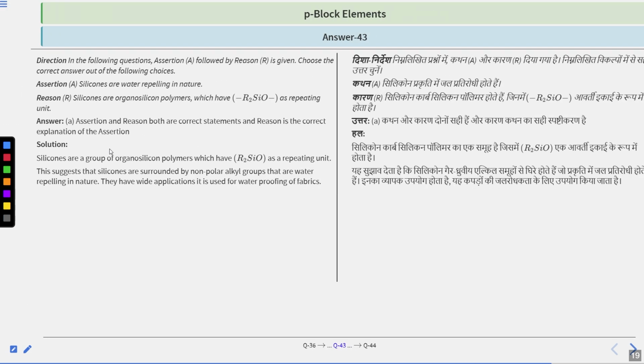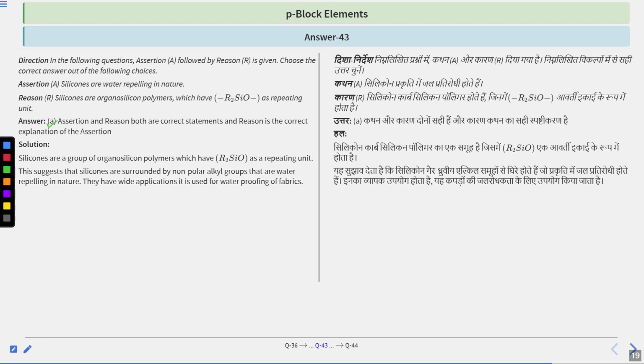Let's see. The answer is option A, that is assertion and reason both are correct and reason is the correct explanation of assertion. Silicones are a group of organosilicon polymers which have R2SiO as a repeating unit. This is correct, so the reason is correct. This suggests that silicones are surrounded by non-polar alkyl groups. You can see R is an alkyl group here, which is water repelling in nature.